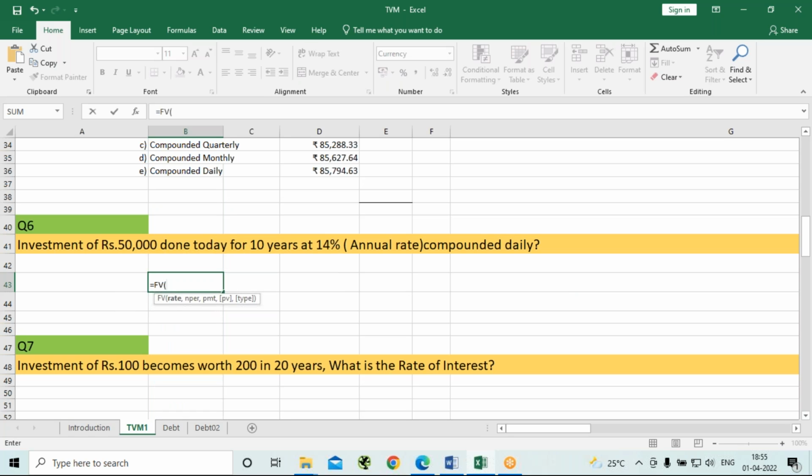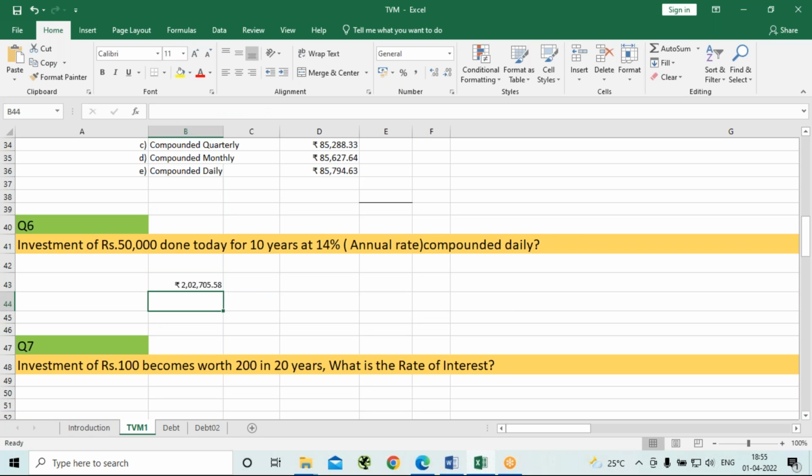Rate is 14% divided by 365, comma 10 into 365, comma 0, comma minus 50,000, comma 0, comma 0. That's very good. Thank you for the response, ma'am.